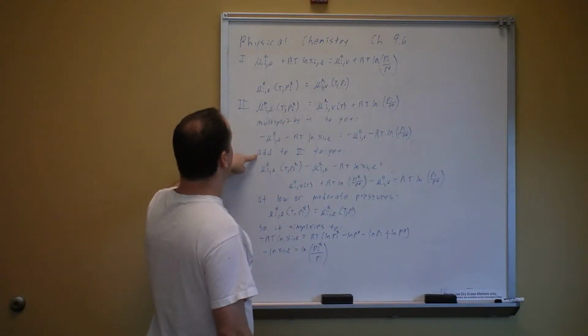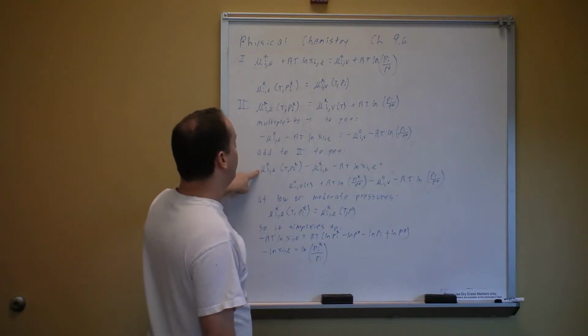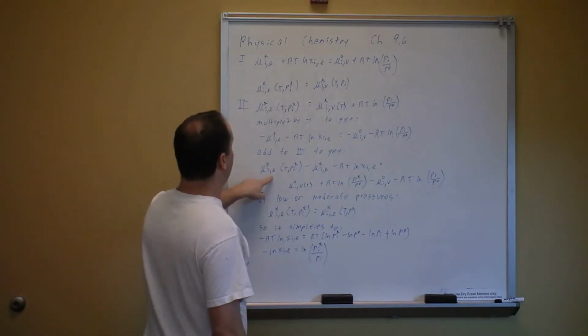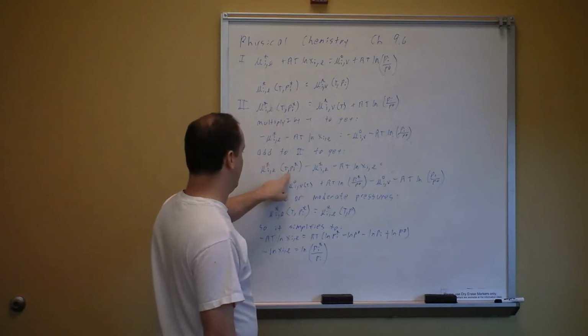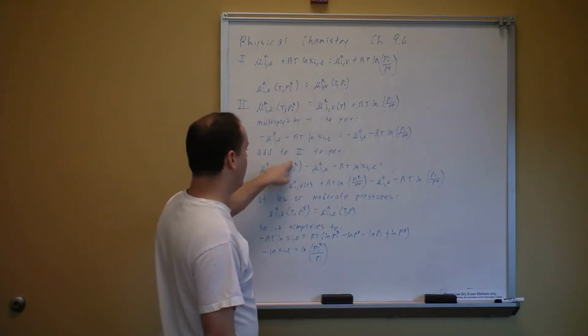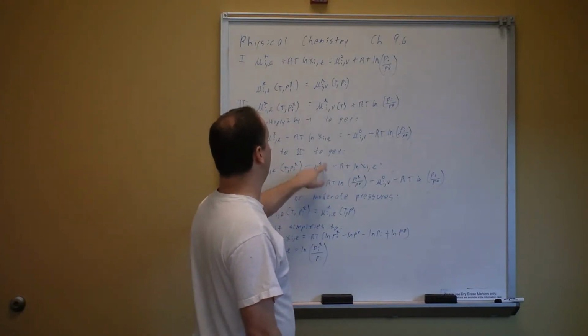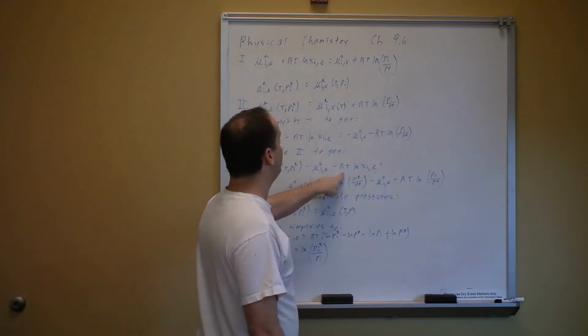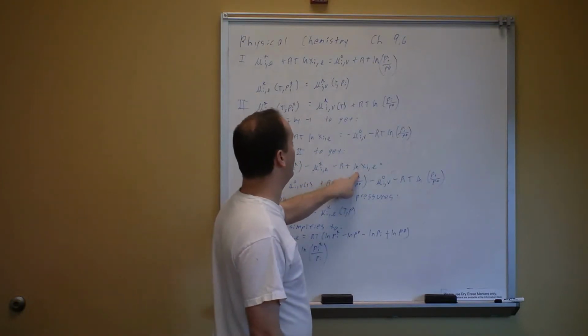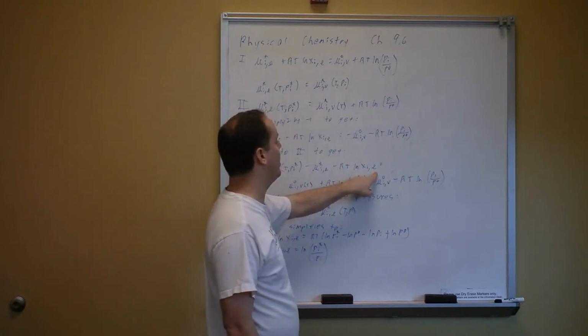Now we add that to our equation 2, and it gives us all this. The mu sub I in the liquid phase, unmixed at temperature and partial pressure of I unmixed, minus mu sub I in the liquid phase, unmixed, minus R times the absolute temperature times the natural log of the mole fraction of I in the liquid phase.